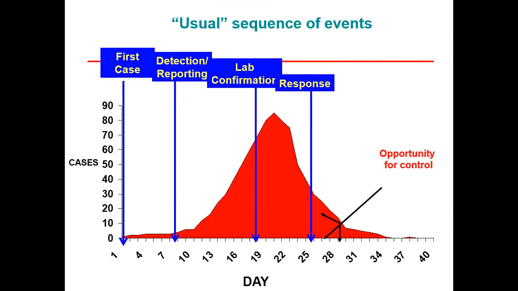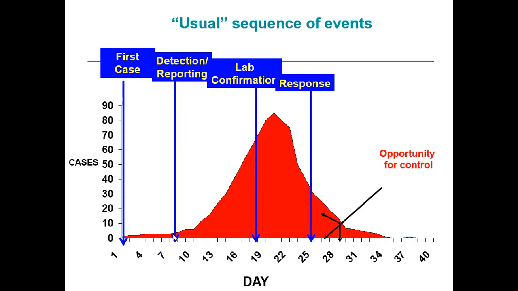So this actually shows you what happens practically. You have a first case, usually, to start with. That first case will either infect other people or lead to secondary cases, and so on and so forth.